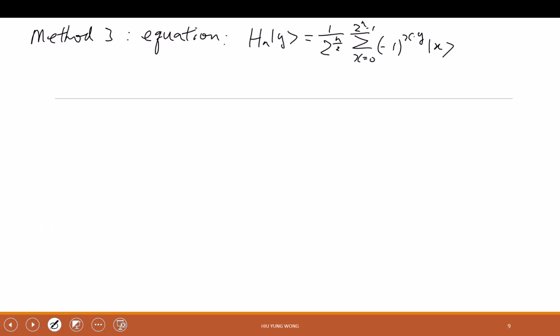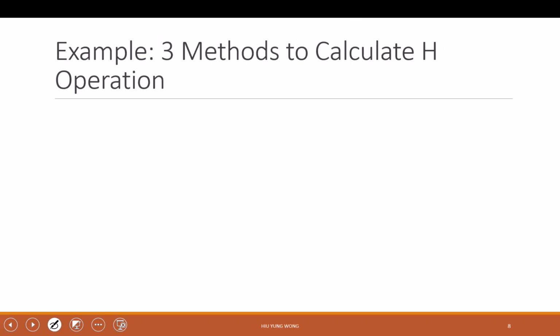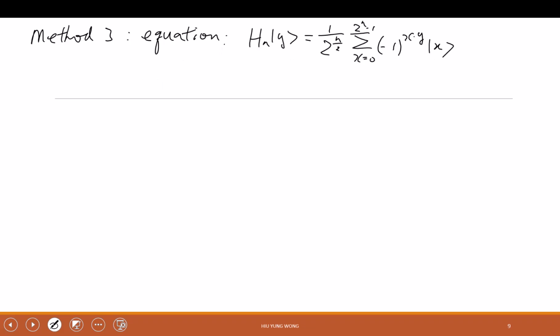My question is, what is my goal? Okay, I want to set y equal to 3. What is that in binary number? 1, 1. So I also want to say this is y1, y0. So what is y1? 1.